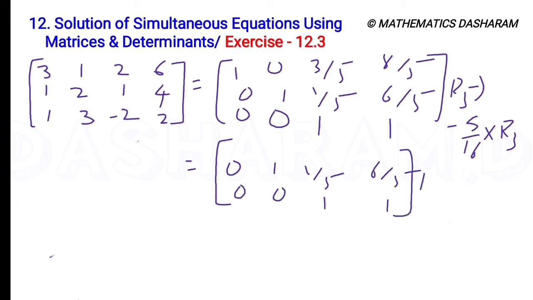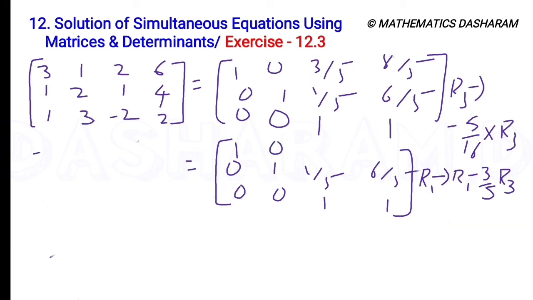Now replace R1 with R1 minus 3 by 5 into R3. So 1 minus 3 by 5 into 0 is 1. Next 0 minus 3 by 5 into 0 is 0.